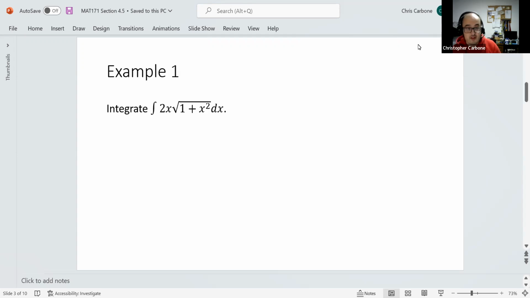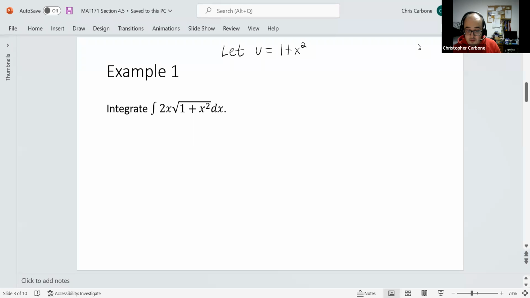So for example, what the heck this means, we have the integral of 2x times the square root of 1 plus x squared dx. So for us to do this substitution, we want to let u be 1 plus x squared.